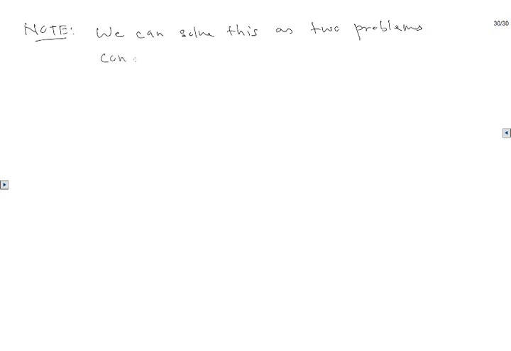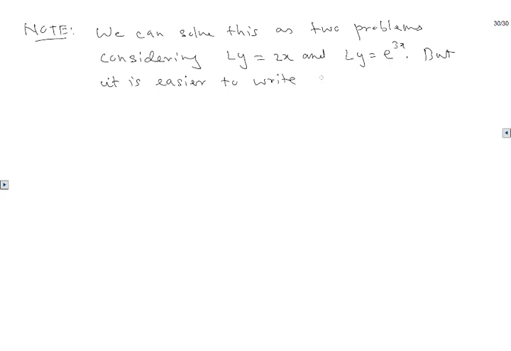Considering Ly equal x and Ly equal e to the 3x, but you can see that it is much easier if you consider this as just one single problem.